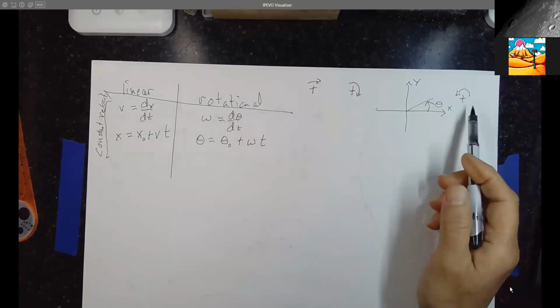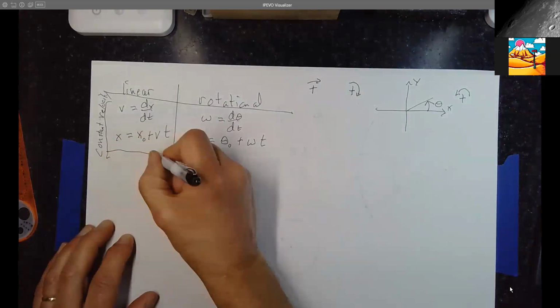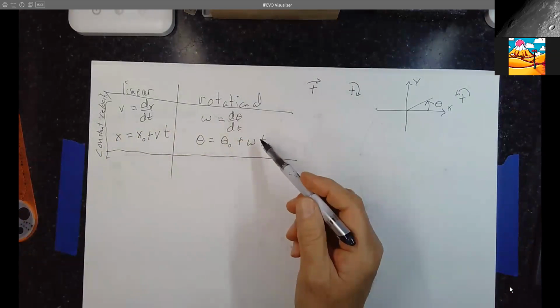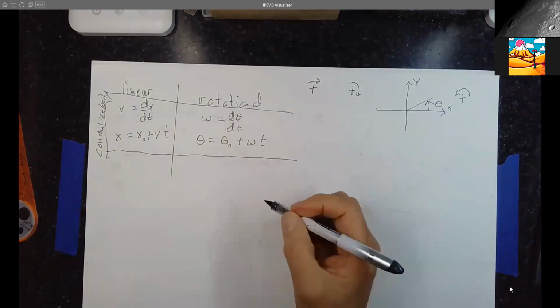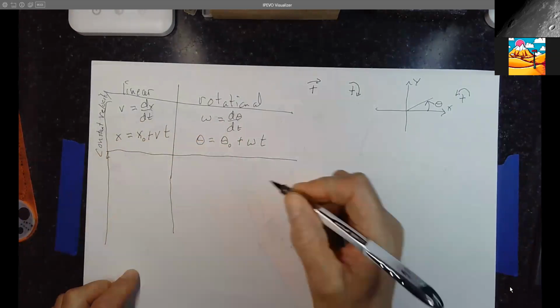So that's how you could indicate positive in the other direction. So there's something that you can have with rotational motion. And as far as constant velocity goes, that's not so interesting. And we won't do much with those, but still you could think about it.